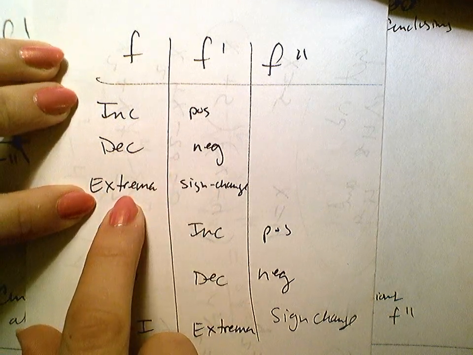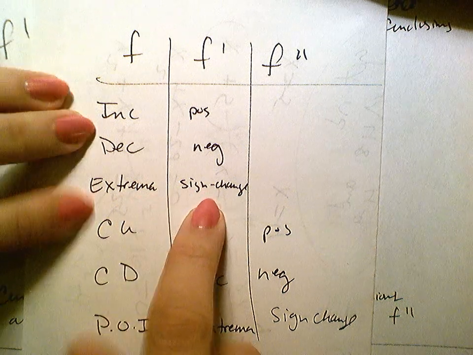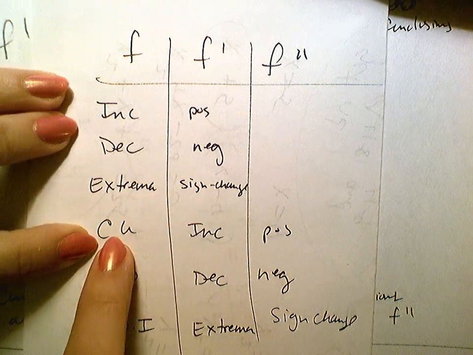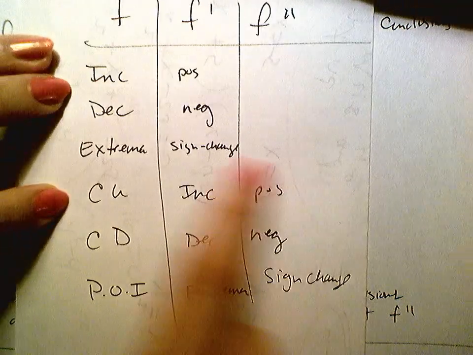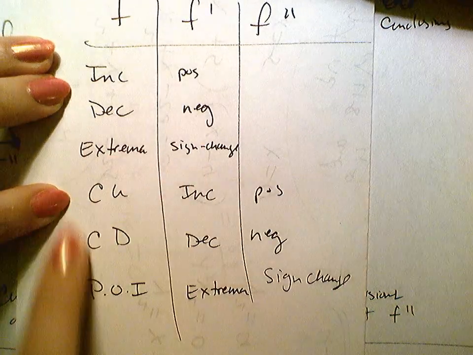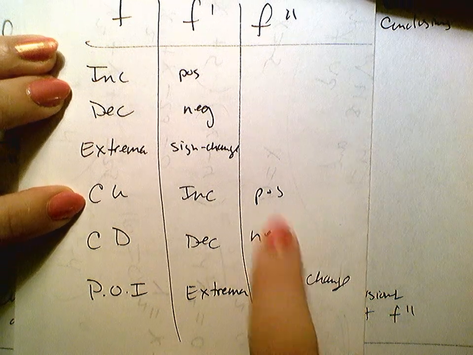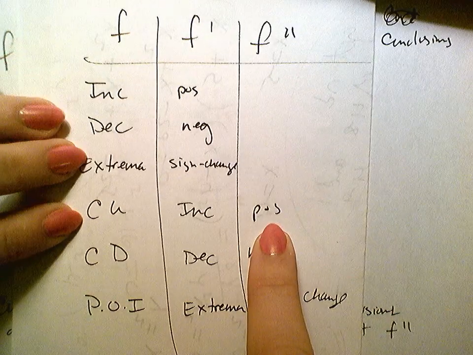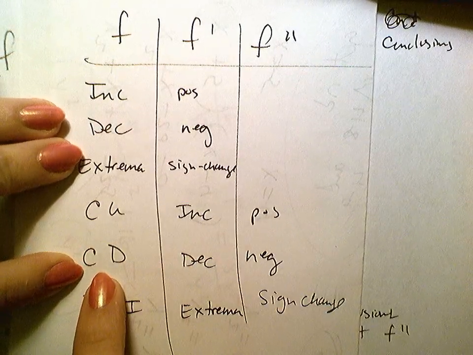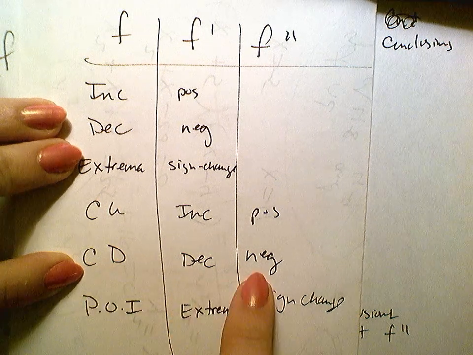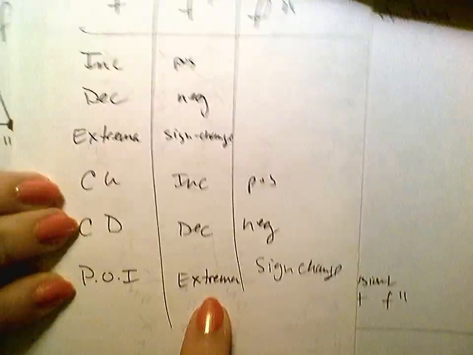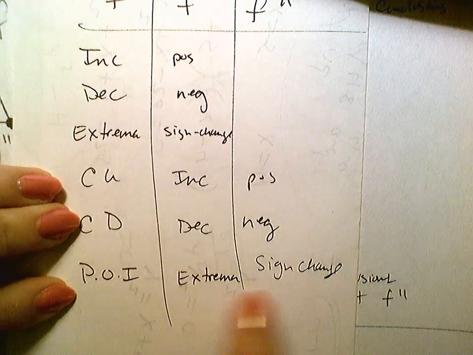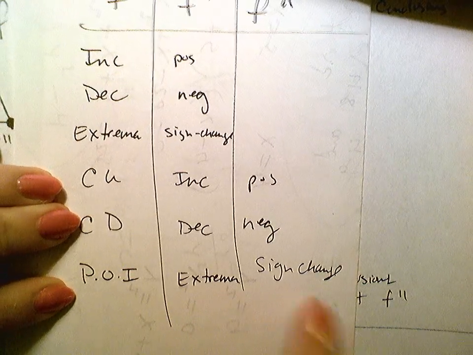Extrema on f, that would be a local max or min, f prime sign change. Concave up on f, f prime increasing, f double prime positive. So it's not until we start thinking about concavity of f that we start to include f double prime. And then f concave down, f prime decreasing, f double prime negative. Point of inflection on f corresponds to an extrema on f prime and a sign change on f double prime.